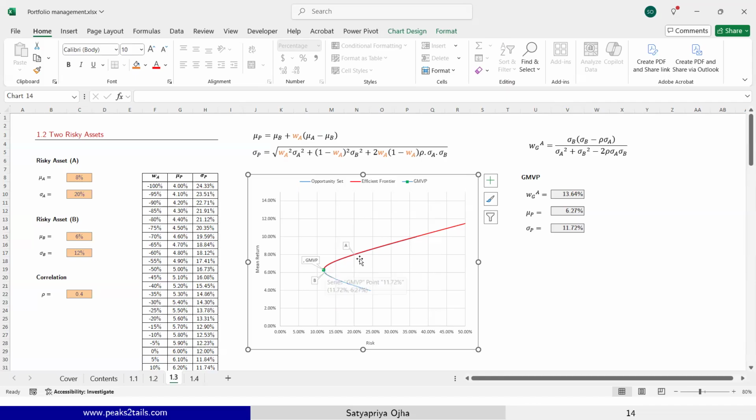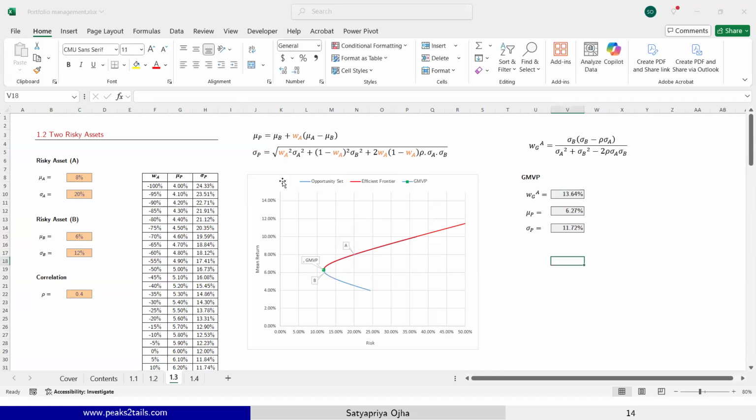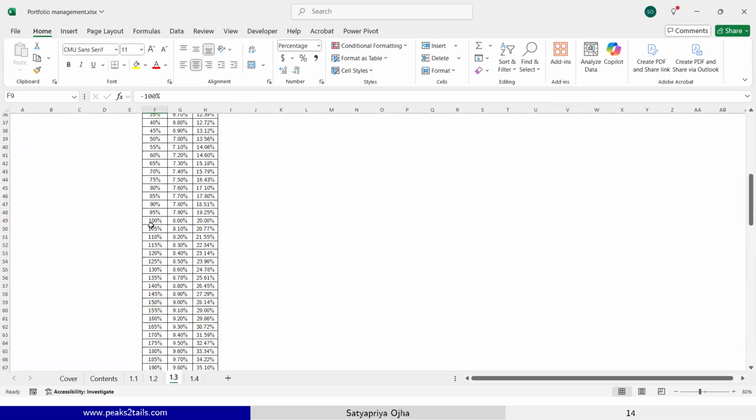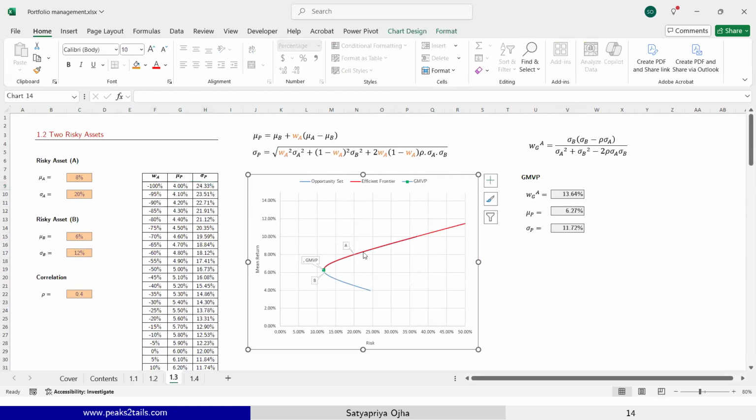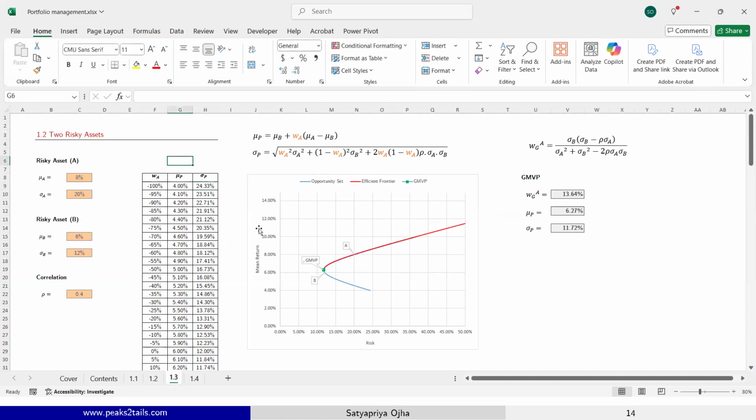And from this point onwards, we have the efficient frontier. Getting this plot is very easy. It's just taking different values of wA from minus 100% to plus 200%, plotting the mu and the sigma, and then this is just a simple scatter plot with joining every point with a line, and this is what you see.